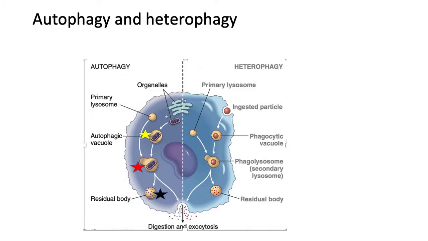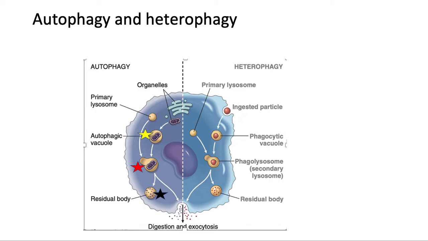We are continuing our discussion of the functional capacity of lysosomes. Autophagy on the left refers to lysosomal digestion of the cell's own components and is contrasted with heterophagy on the right, in which a cell, usually a macrophage, ingests substances from the outside for intracellular destruction.